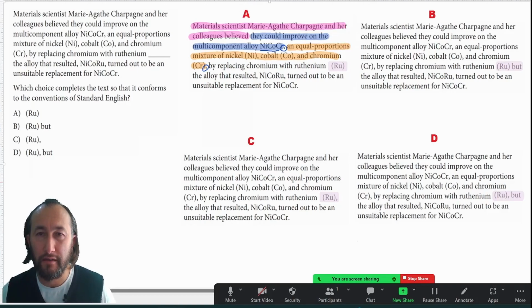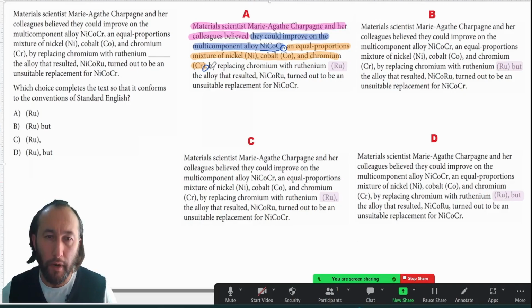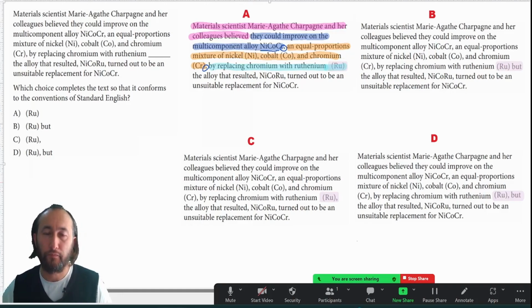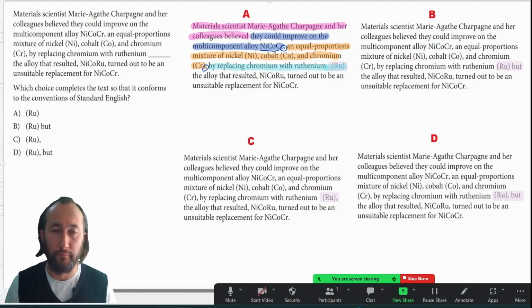So let's make this a different color as well. By replacing chromium with ruthenium, and obviously this is ruthenium. They're giving extra information like cobalt, Co, nickel, Ni, so ruthenium. All right, by replacing chromium with ruthenium.